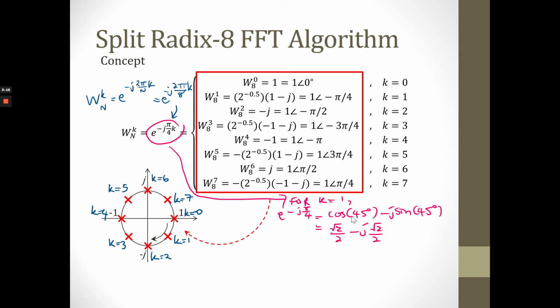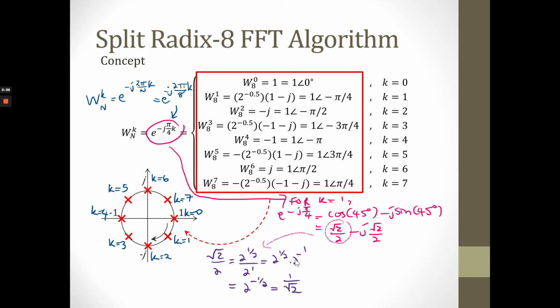And then we calculate the cos 45 degrees and also negative j sine 45 degrees. We have this function. We rearrange this function into this one in terms of 2 with the power of half divided by 2 with the power of 1. And then we rearrange in terms of multiplication. We have this one.